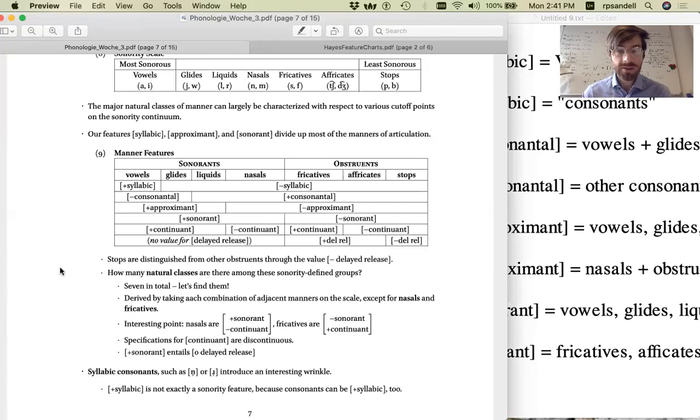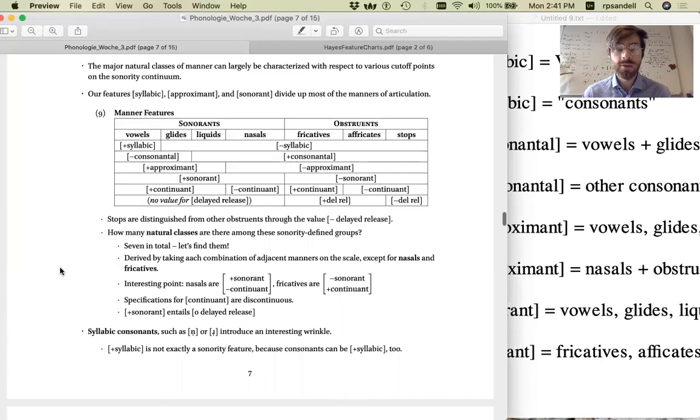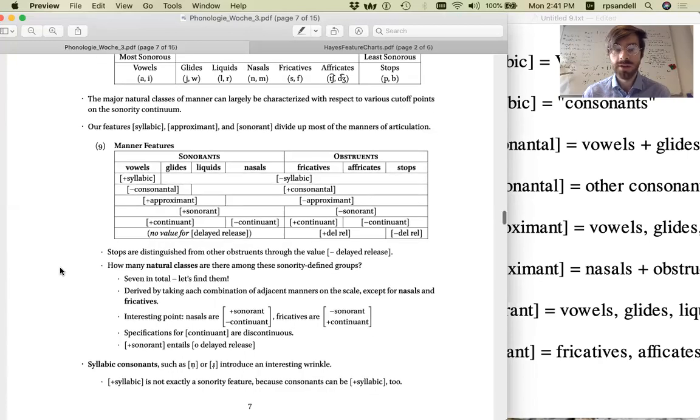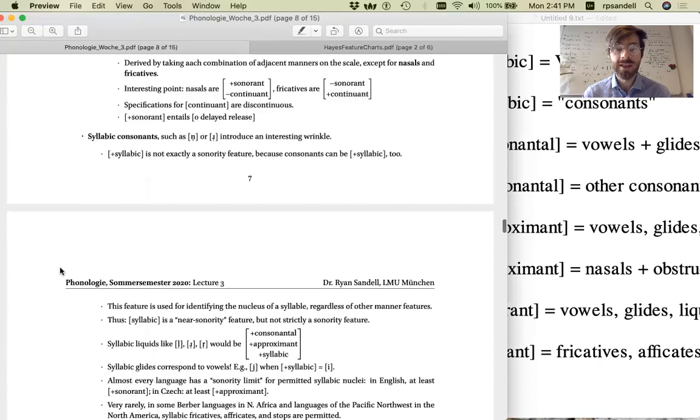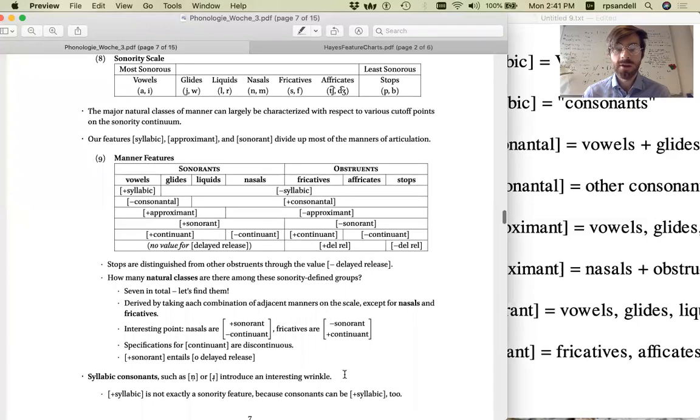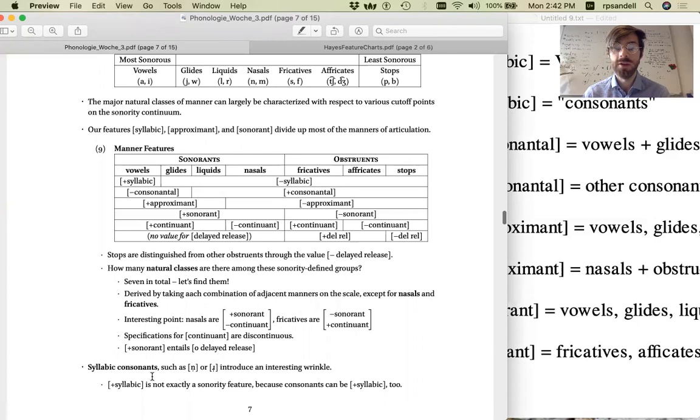Okay, so let's think about one other interesting wrinkle here, which is presented by syllabic consonants. Sometimes, of course, consonants can also serve as syllable nuclei. So a nasal like n, or a rhotic like r, can serve as the nucleus of a syllable.